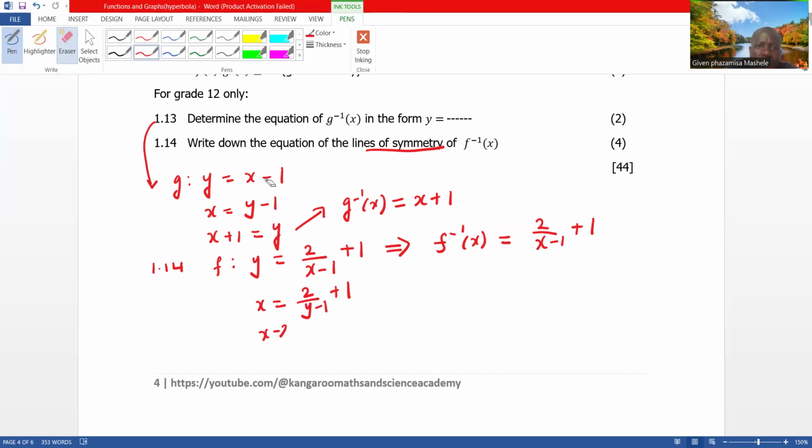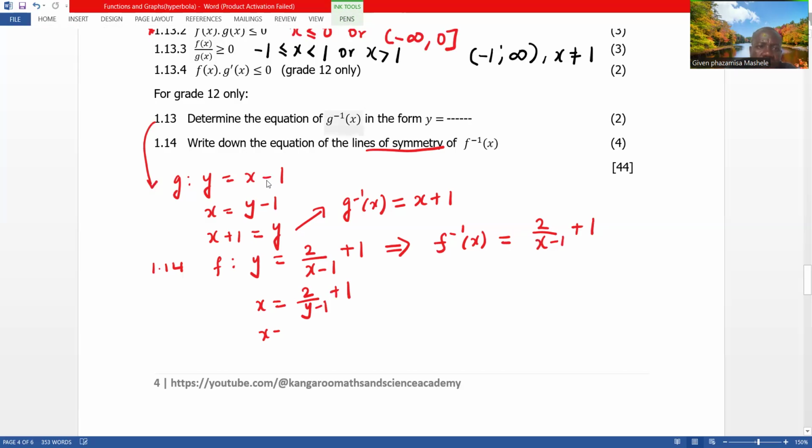We're going to have x minus 1 equals to 2 over y minus 1. So x minus 1 multiplied by y minus 1 equals to 2.